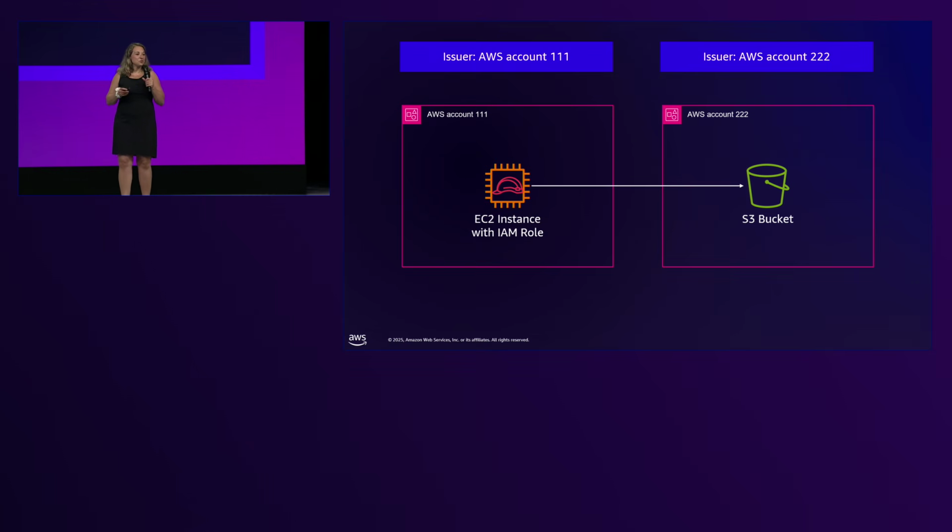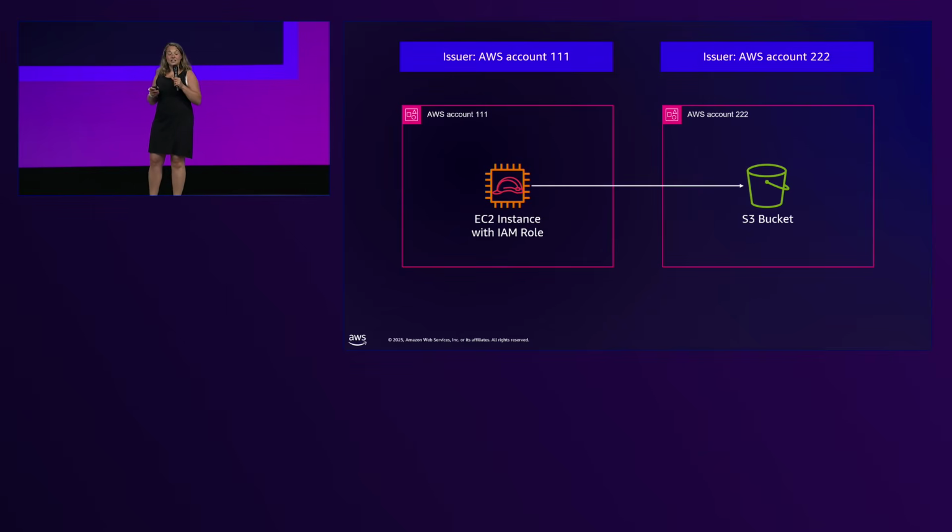It's a thing that owns resources, and it's a thing that is authorized to issue policies for the things in its account. So we have 2 issuers involved in this request. There's a caller from account 1, and there's an S3 bucket in account 2. So we actually have 2 issuers here. And if we have 2 issuers, that means that each of the issuers is going to have to say okay before the request is allowed to proceed.